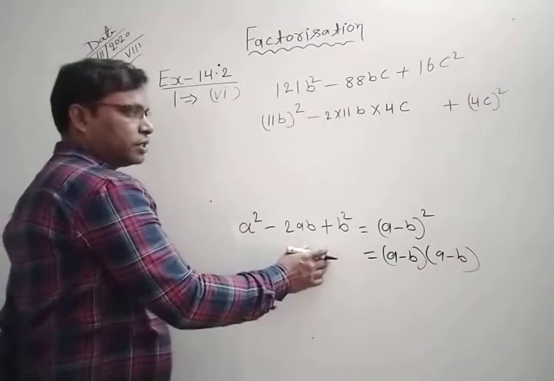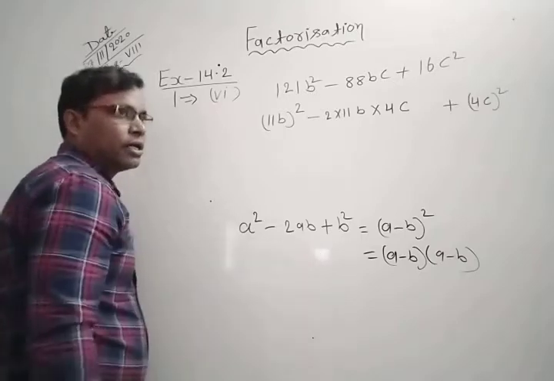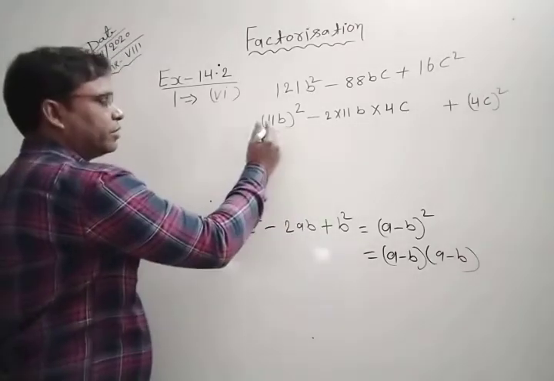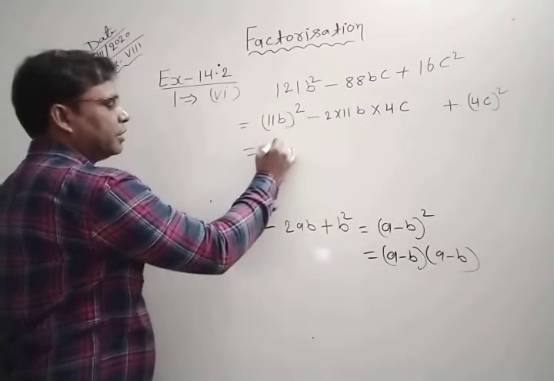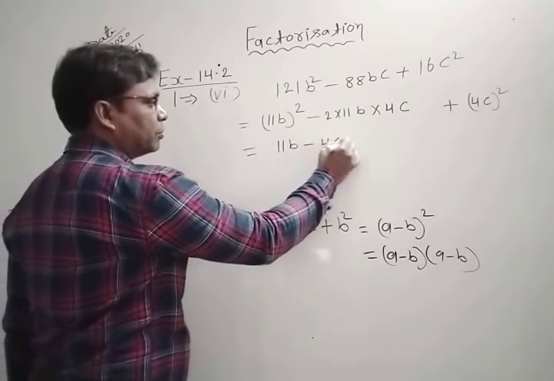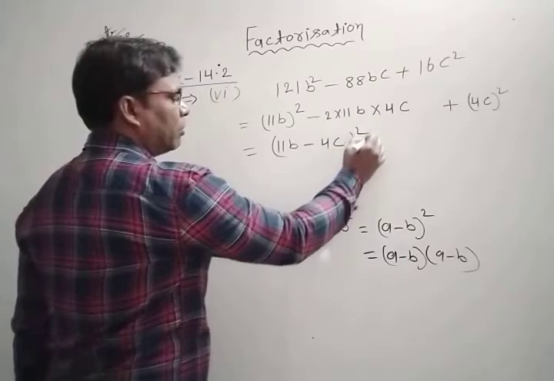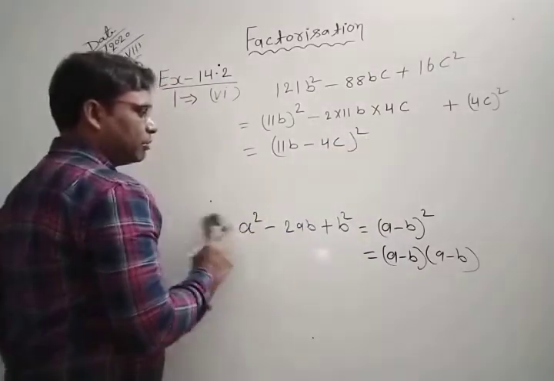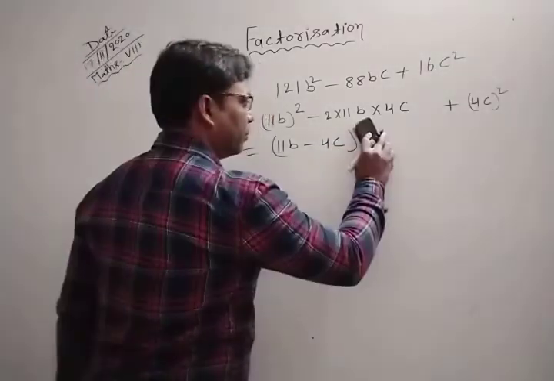So according to the second identity, we can also write this as the whole square of 11b minus 4c.